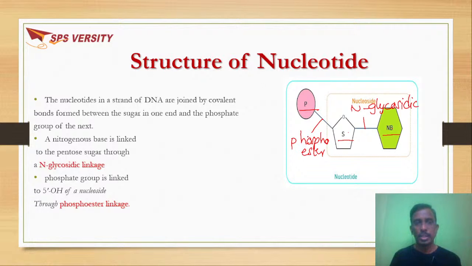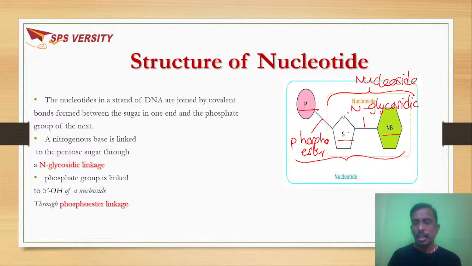Here, in the formation of the nucleotide, initially the nitrogen base forms a bond with sugar. So this nitrogen base along with sugar is called a nucleoside. And when it attaches with phosphate, this is combinedly called a nucleotide.